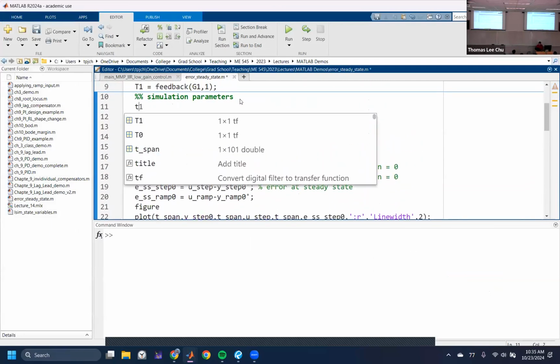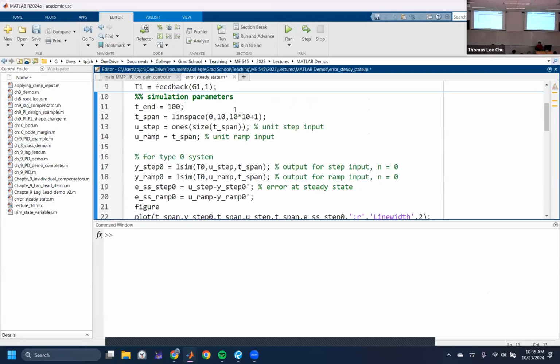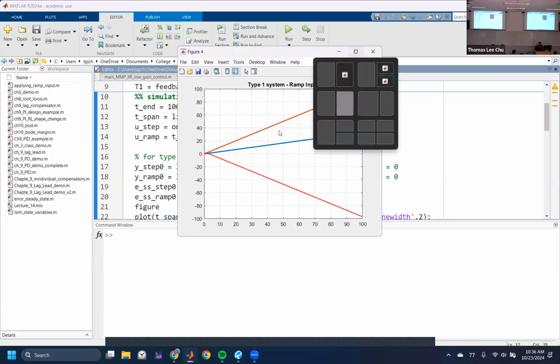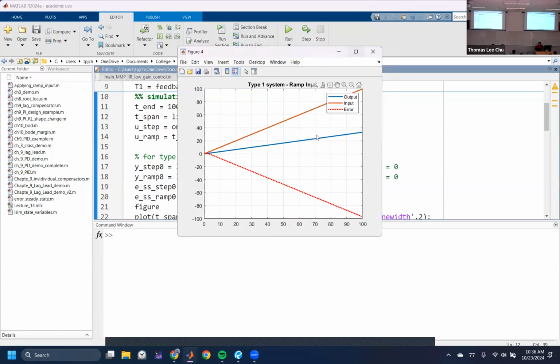So instead, I'm going to modify this code. I'm going to type in t end is equal to 100, and then I'm going to put t end here, and then put t end here as well. So it automatically adds the iterations, and hopefully that works. Sometimes if a simulation isn't working out, maybe we can expand the time scale.